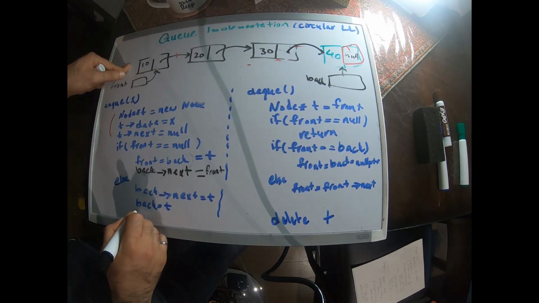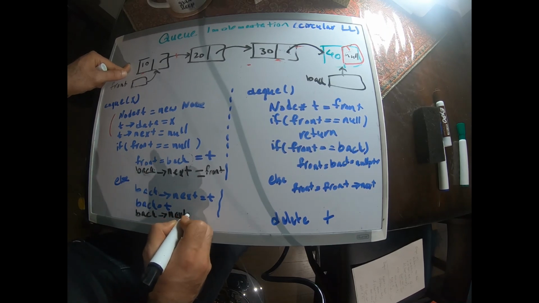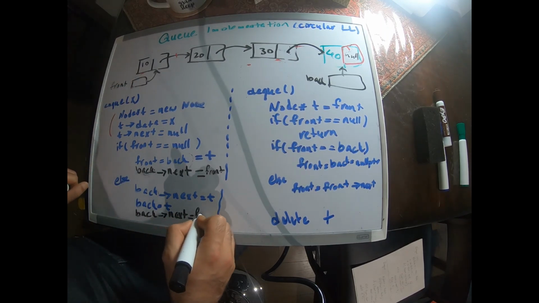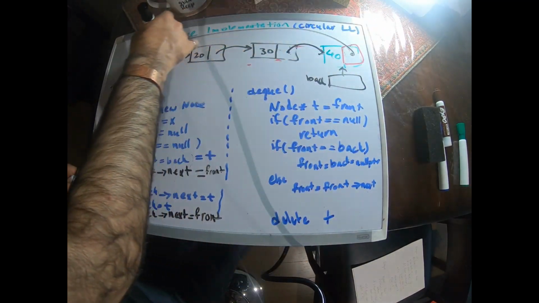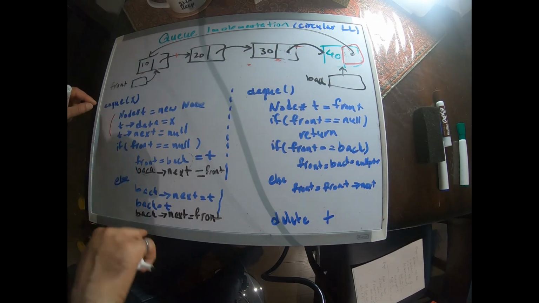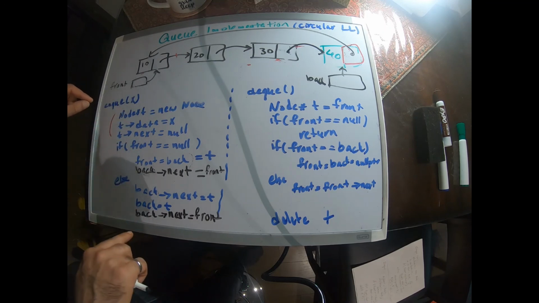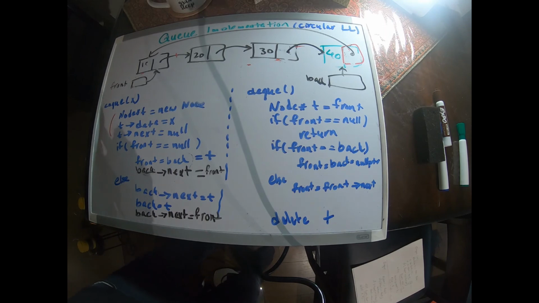Again, I want to say that back arrow next is equal to the front, so that this is not null anymore. This is going to point to here. This is the only thing I need to change to go from the linear linked list to the circular linked list: making back arrow next point to where front is pointing to.